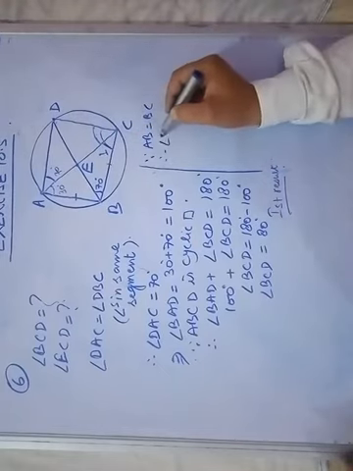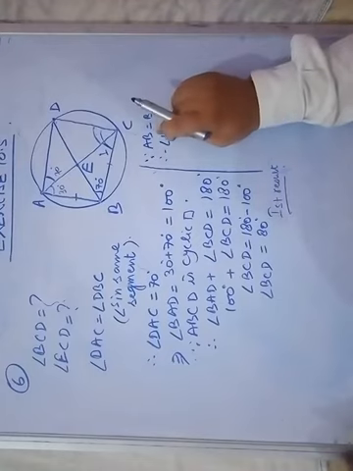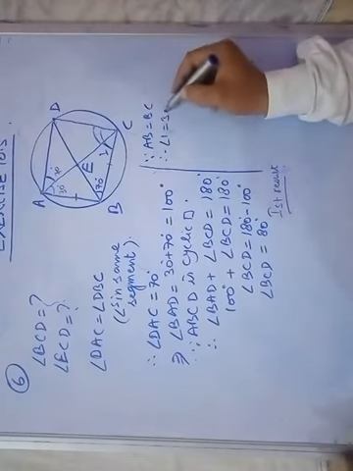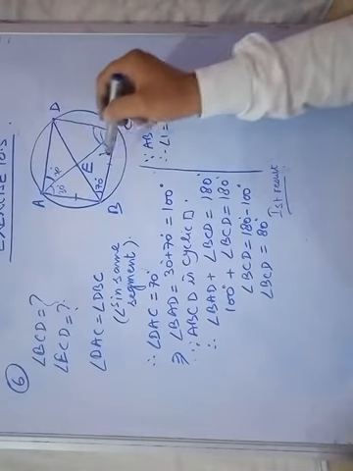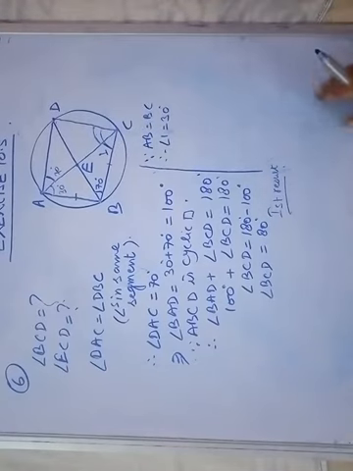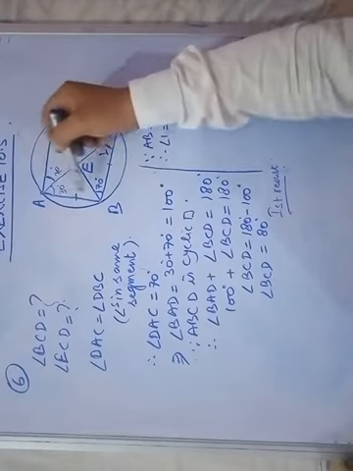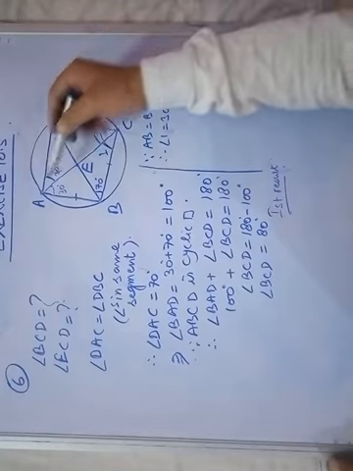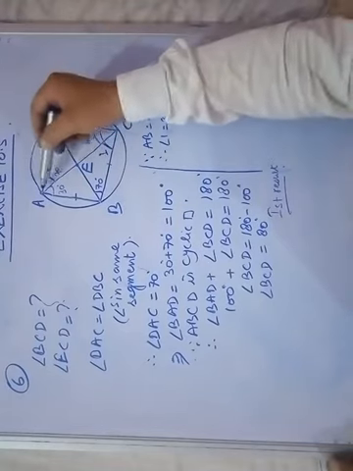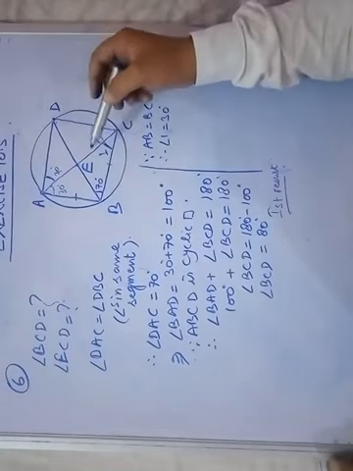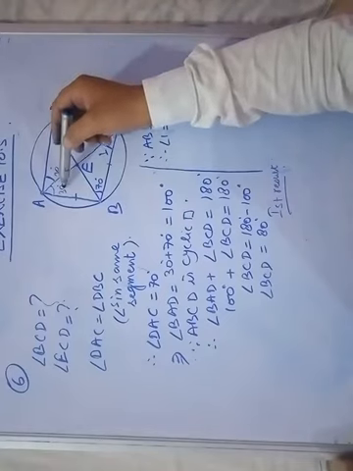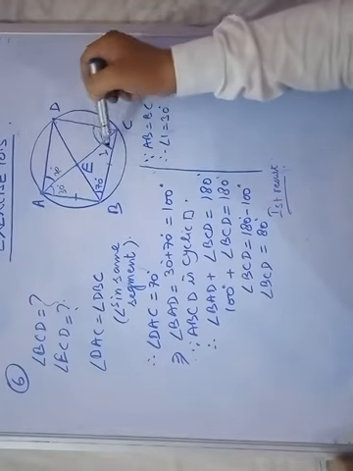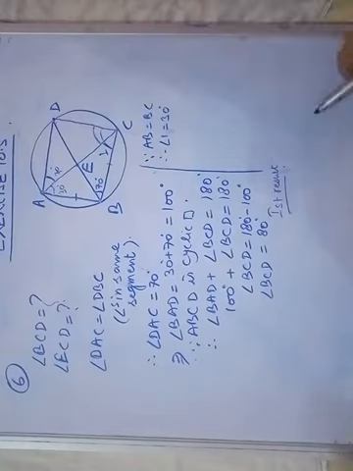So angle 1 will be equal to 30 degree, as angles opposite to equal sides are equal in measure. So since in triangle ABC, AB equal to BC, it means ABC is an isosceles triangle. So angle 1 equal to 30 degree.